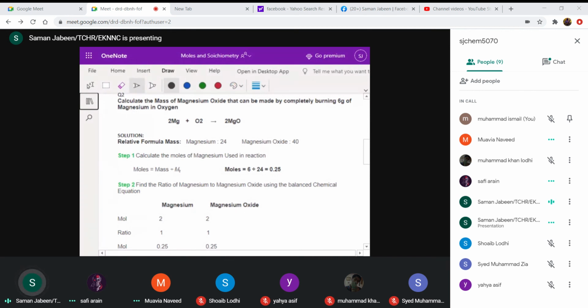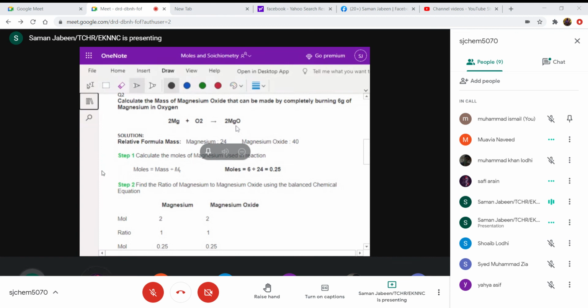Unknown should be at the end. So magnesium and magnesium oxide. What is the ratio? What is the coefficient in front of them? 2 with magnesium and 2 with magnesium oxide. So what is the ratio between them?